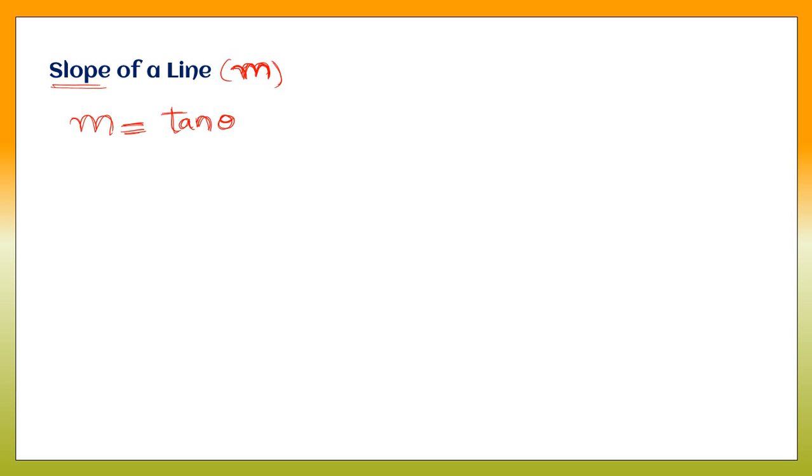From this, what I can say is, if I consider a horizontal line, what is the slope of a horizontal line? For a horizontal line, the inclination is 0 degrees. So what is tan 0 degrees? Tan 0 is equal to 0. So clearly, the slope of a horizontal line is 0. The same way, if I consider a vertical line, then what is the slope? m is equal to tan 90 degrees.